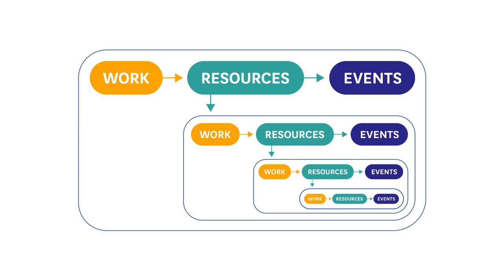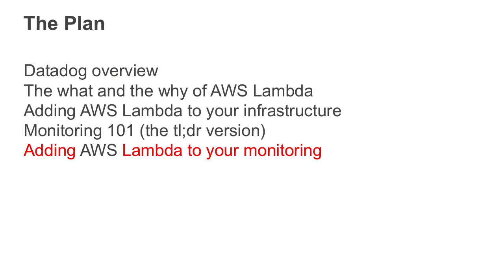And you look at the work metrics and resource and events, and you look a little bit deeper, maybe at the file system or at the EC2 instance, and try to look at those work metrics and resources and events. And all of these things will come together to help produce a full story as to what's going on, so you know exactly where to spend your time troubleshooting. So that's a little bit about Monitoring 101.